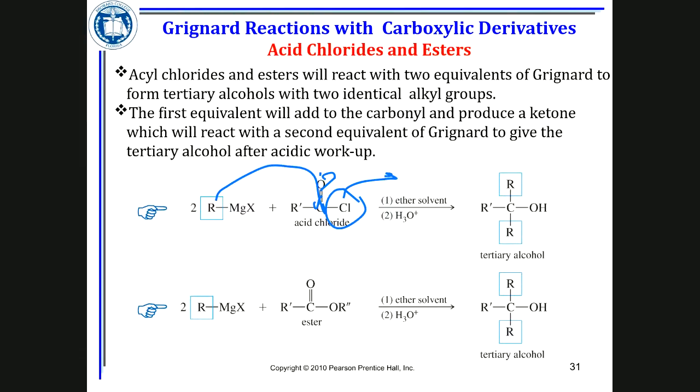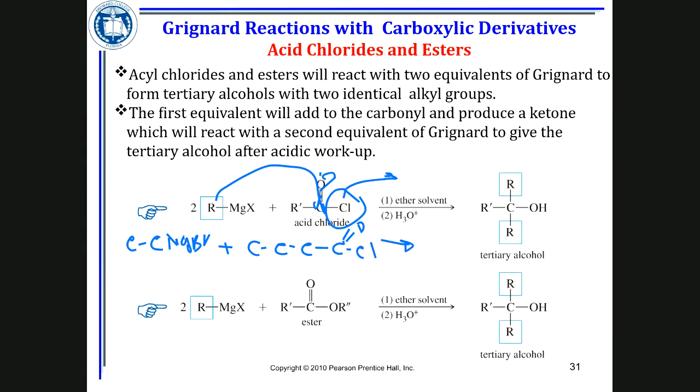So in step 1, let's say you have ethyl Grignard plus, what is this, propanoyl chloride.